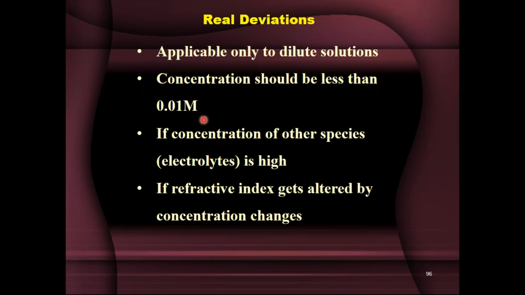This is because there will be a change in the molar absorptivity of your sample because of the presence of a high concentration of these other ions. This happens because of electrostatic interactions. Because of the large number of other ions, there are a lot of electrostatic interactions which change the molar absorptivity of your sample substance.